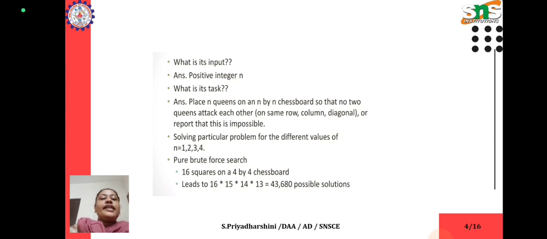Now let's consider n is equal to 4. It is 16 squares on a 4 by 4 chessboard. A brute force search is nothing but just do it. When we take the 4 cross 4 chessboard, you will have about 16 into 15 into 14, which will give you about 43,680 possible solutions for this puzzle alone.